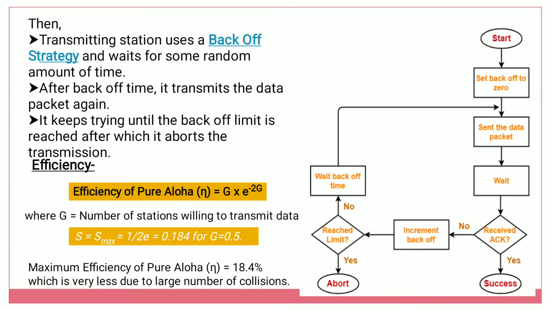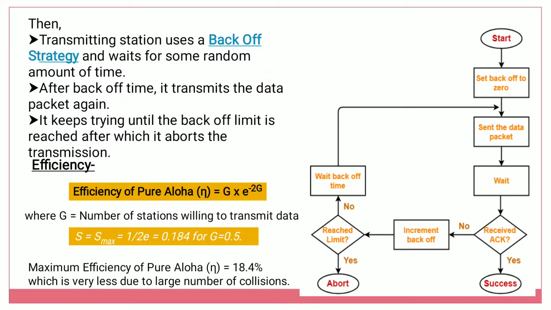We consider the maximum efficiency of pure Aloha as 18.4 percent. Why is this very less? Due to the collisions, the maximum efficiency of pure Aloha is 18.4 percent.